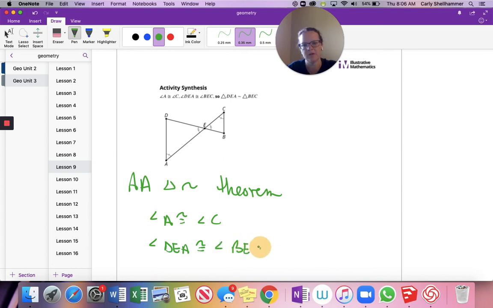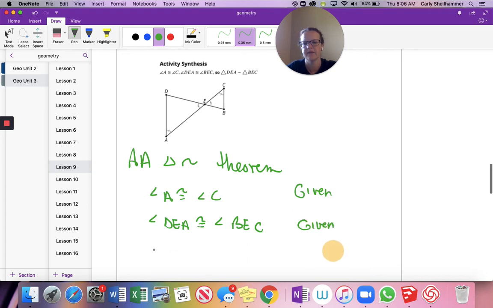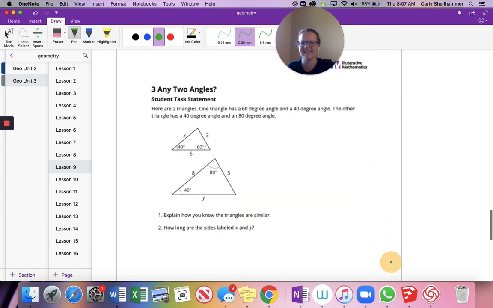See how I named those in the right order? So those are given because they're marked on the diagram. So I can say that triangle DEA is similar to triangle BEC because of the angle, angle, triangle similarity theorem. Mouthful. All right, any two angles.